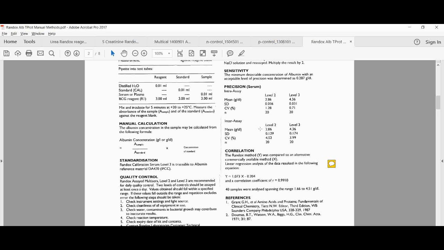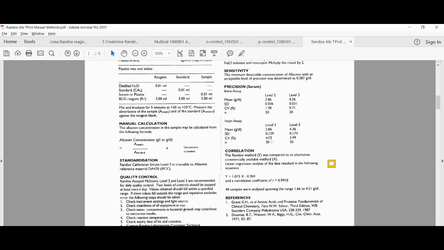So you've done maybe one control level 2, and then you do patient samples for an hour, for instance, or 2 hours, and then you do another control level 2, and then you do patient samples for another 2-3 hours, and so you go on.